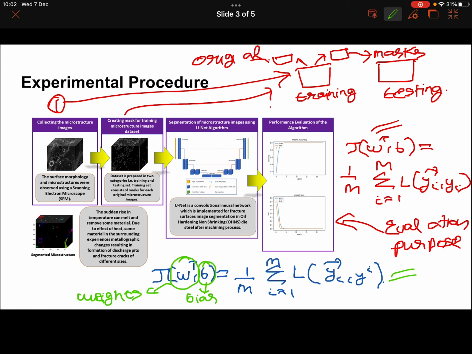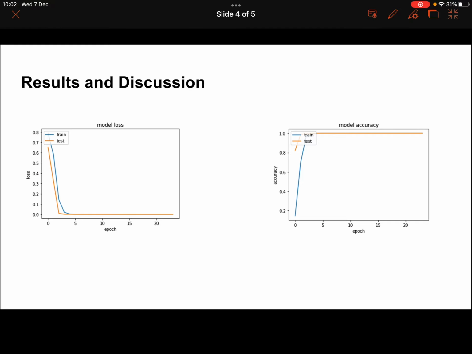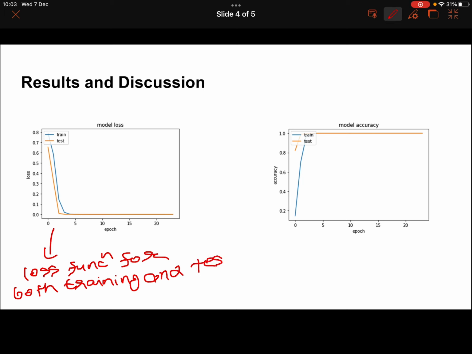Now moving to the result and discussion part. From this plot, we observe that the loss function for both training and testing part decreases with the number of epochs.